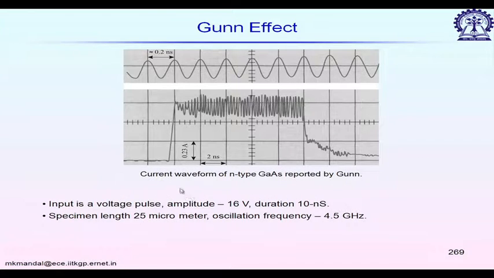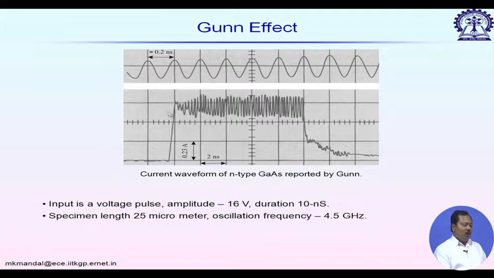He investigated the source of noise, and what he found out is shown here in this plot. He sent one square wave of amplitude 16 volts through a gallium arsenide sample, and the on time is 10 nanoseconds. So 10 nanoseconds means it belongs to megahertz, and at the output you can see a noise-like signal superimposed on the given signal.